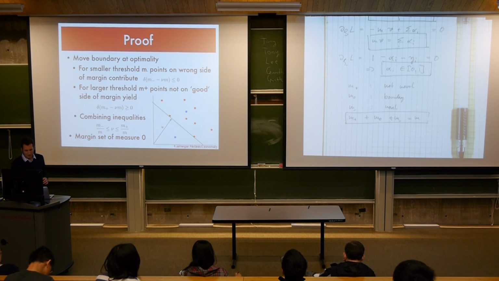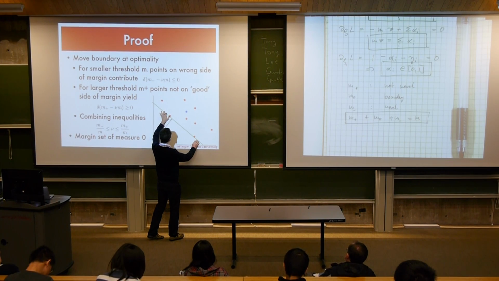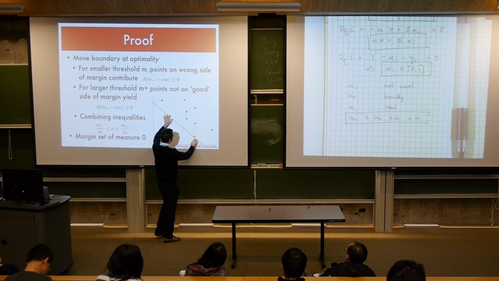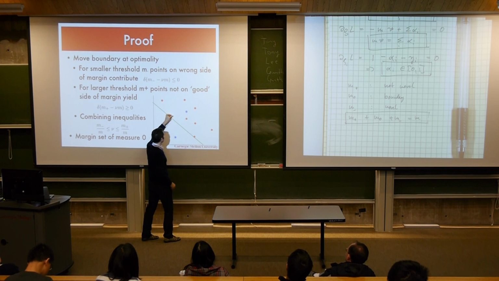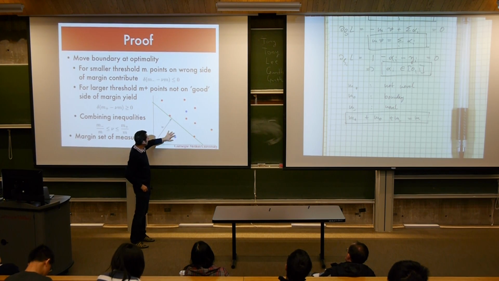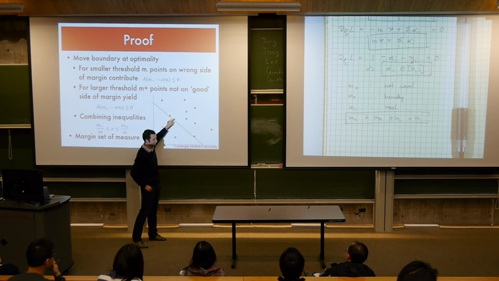So now, if I move that plane a little bit to the right, what happens is that those points that sit exactly on the boundary will all of a sudden become properly novel points. So what am I paying? I'm paying m minus plus m0 times delta. Sorry, there's no nu here, times delta.